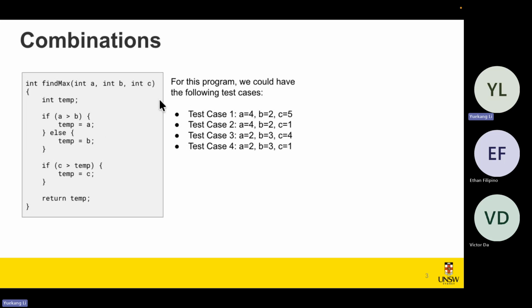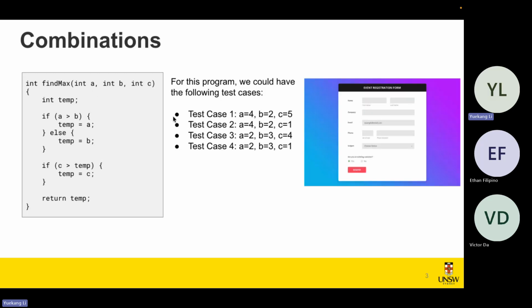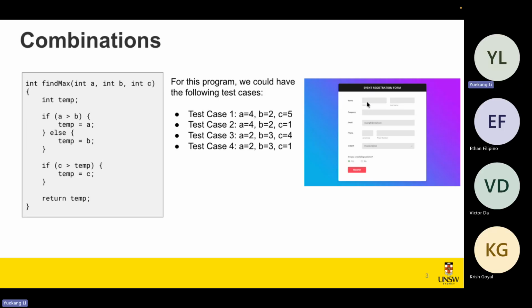And inputs may not only take the form of function inputs for software testing. For example, sometimes we may do some GUI testing, we may test some forms, right? So different combinations of the values inside the form can also create some interesting interactions inside the software functions, right?